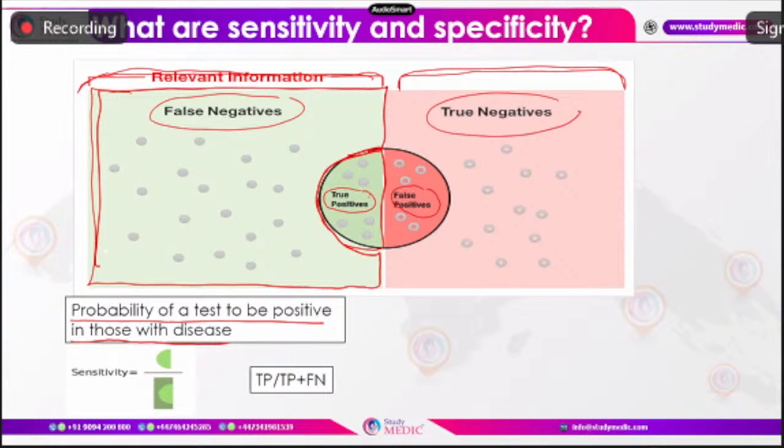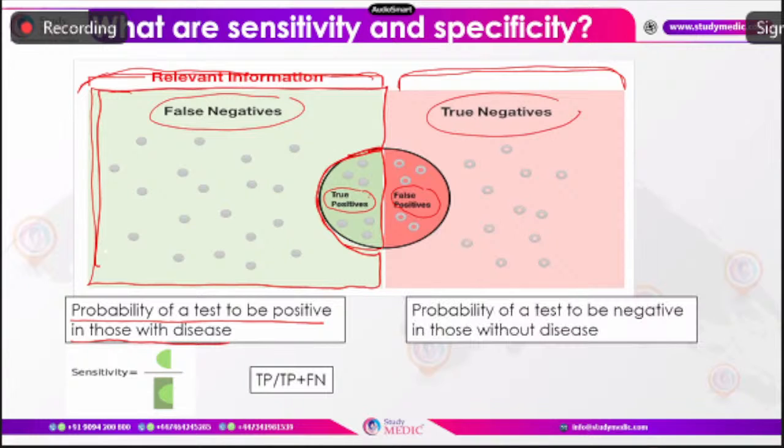Now what is specificity? It is the probability of a test being negative in those without disease. All of these are without disease, and this is the probability of true negative. That is why it is called the true negative rate.